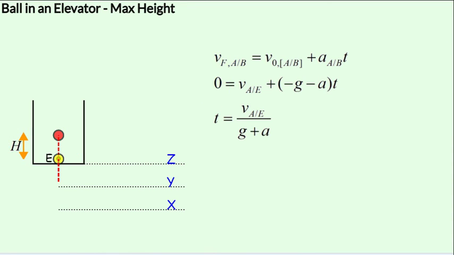The initial relative velocity is VA with respect to E, which is the launch velocity of A relative to the elevator.